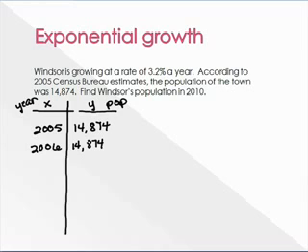But then to figure out what the population is, we'd have to add that number on to the 14,874. So instead of doing that in 2 steps, we can do it in 1 step by simply multiplying by 1.032. So once again, that's the same thing as multiplying it by 0.032 to get the growth and then adding it back on. And you can try that. You'll see that either way we get the same thing.